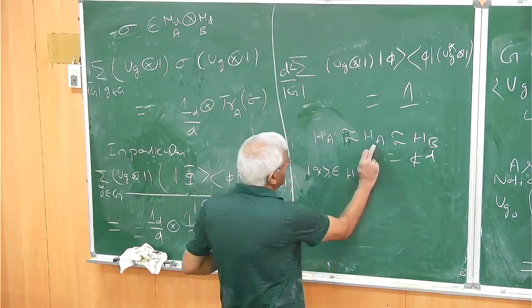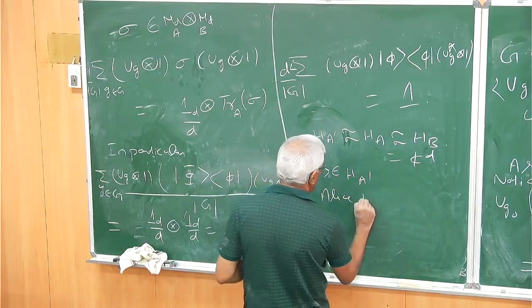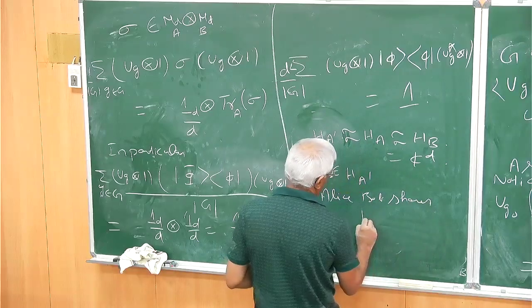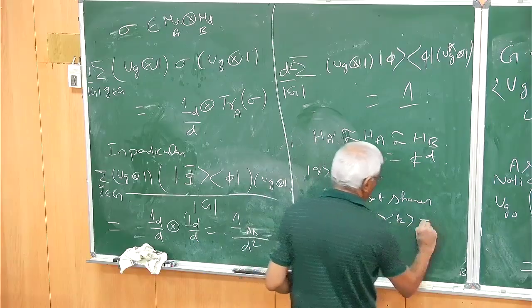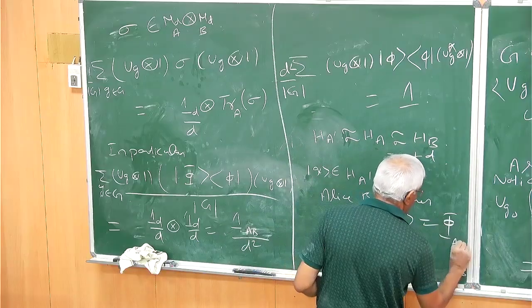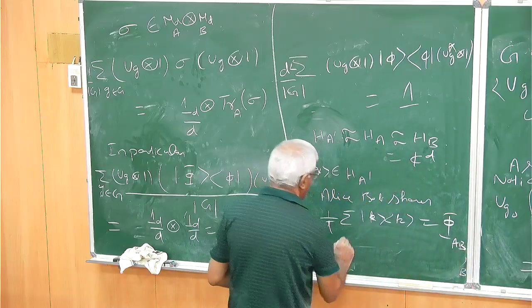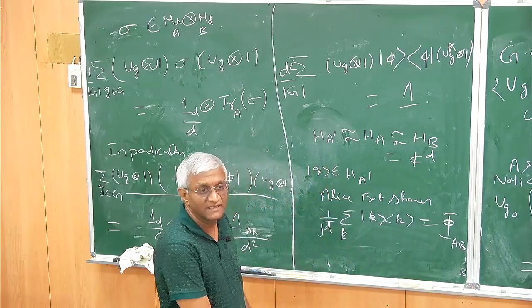Alice and Bob share, again the same thing, this vector, the summation over i of i tensor i, with the normalization 1 by square root of D. They share this.